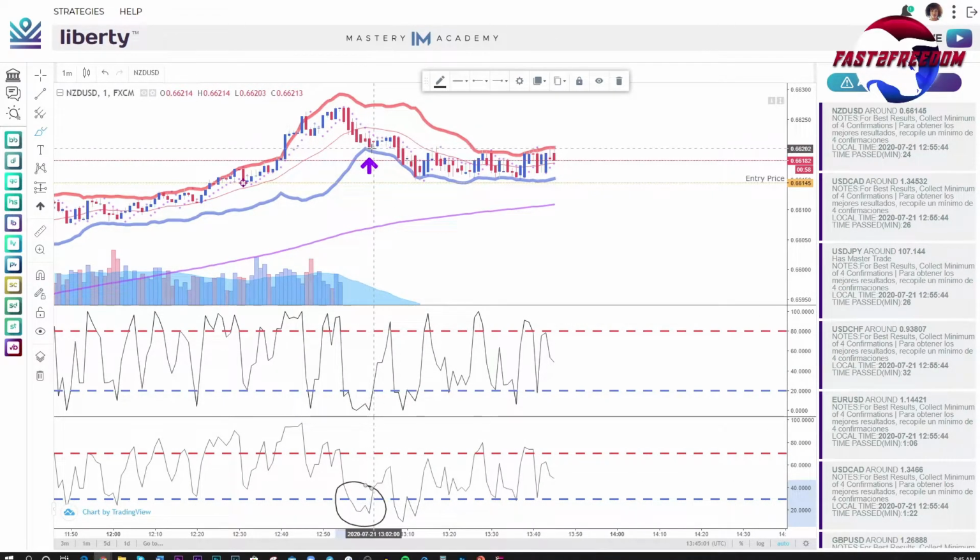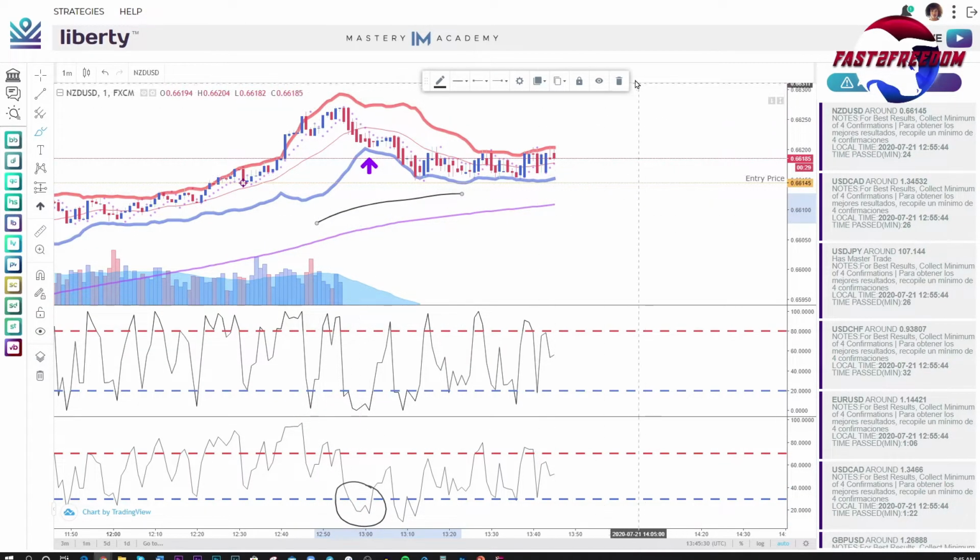So this opportunity wouldn't have actually been an opportunity for me. I would have waited for another setup, or I would have gone into a different currency pair for a better setup, because this wasn't a clear bounce up continuing the trend, basically. I was in this setup looking for a trend.